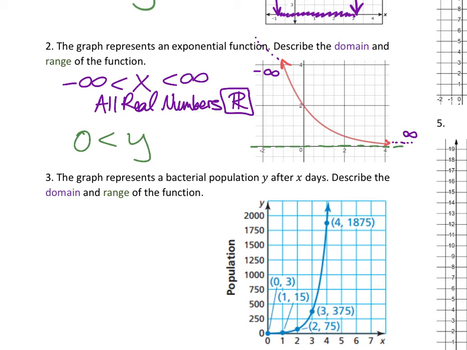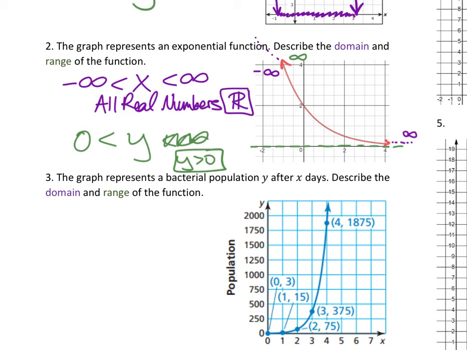So 0 is the lowest it's going to go. But if you look up at the top of the graph, it's got an infinity sign up there because the arrow is going to keep going up and up. So to actually write this, or what you would see on answer choices for tests, because we don't include the infinity signs in our domain and range, is just y greater than 0. So 0 is less than y is the same thing as y greater than 0.